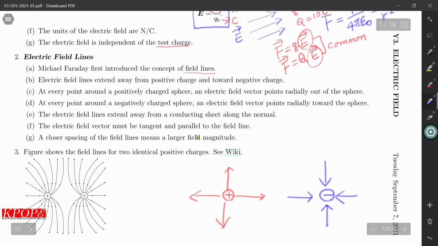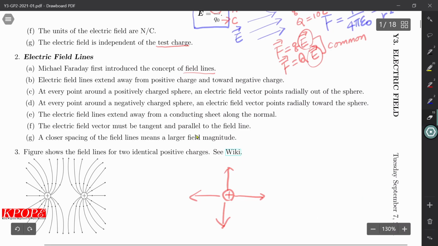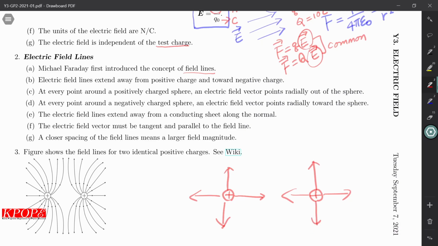What happens if we have two charges? For example, if we have positive and positive, we have two sources. And the resultant electric field due to these two charges can be evaluated by a vector sum.